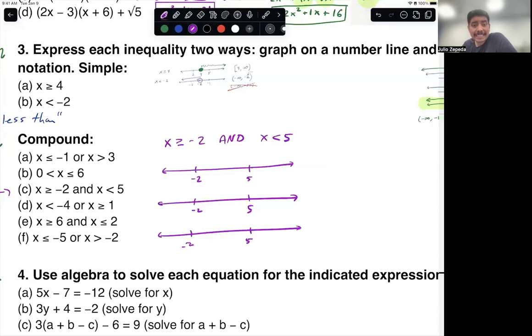So x is greater than or equal to -2. That would be a filled in circle, shaded to the right. X is less than +5. And so where are both of these, and it might actually help if I just shade on the same line, where are both of these inequalities satisfied?